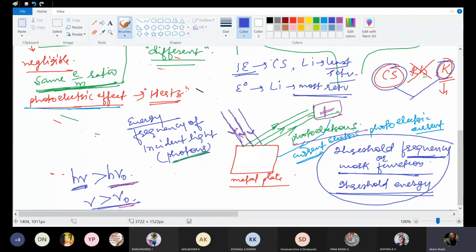In terms of ionization energy, lithium is the least reactive, and in terms of standard electrode potential, lithium is the most reactive. This is its natural state, and this is its aqueous solution state. Is this all okay?